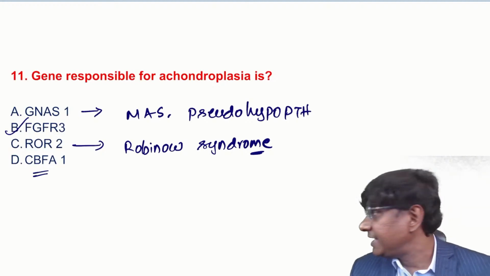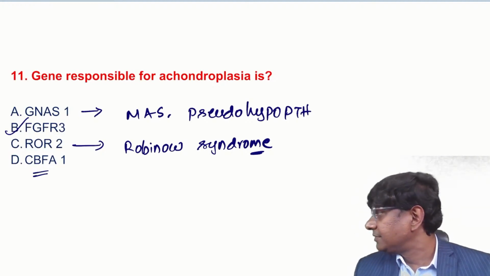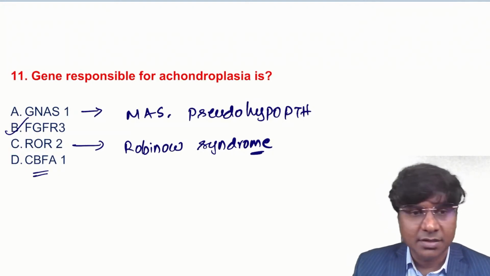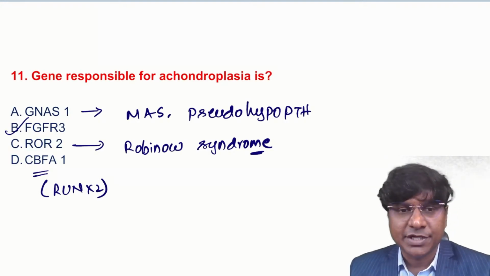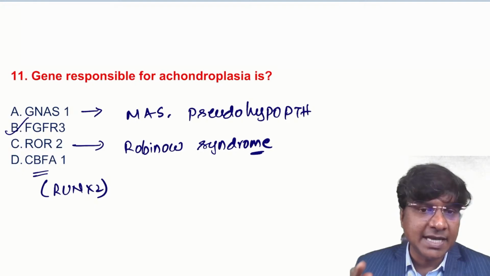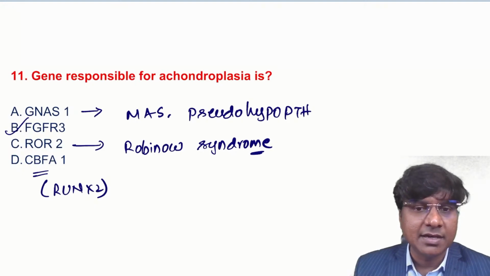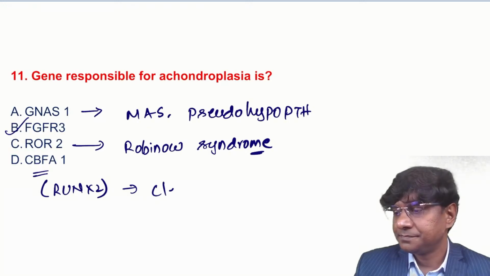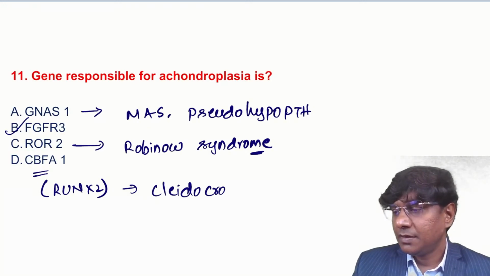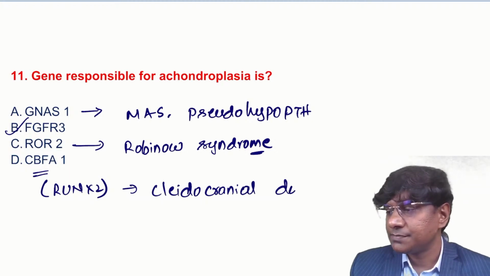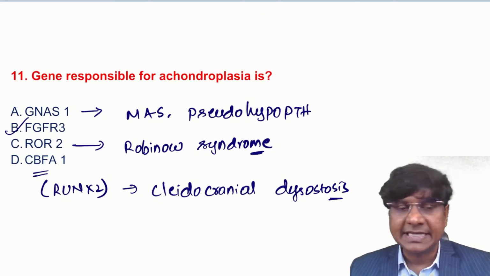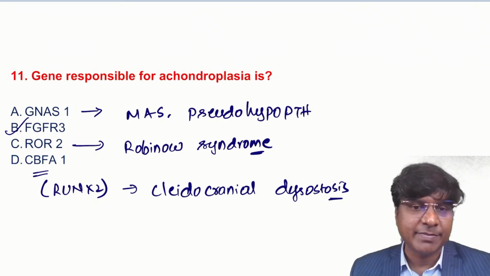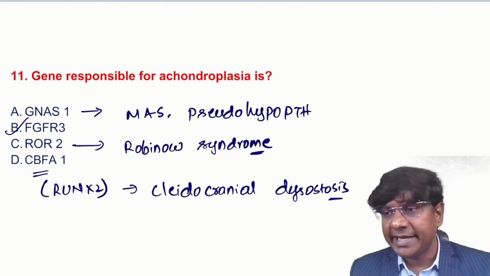And what about CBFA1? CBFA1 is nothing but your RUNX2. So CBFA1 gene mutation, that is RUNX2, is observed in cleidocranial dysostosis. In CBFA1 mutation, these patients will have a different skeletal dysplasia, but not achondroplasia.